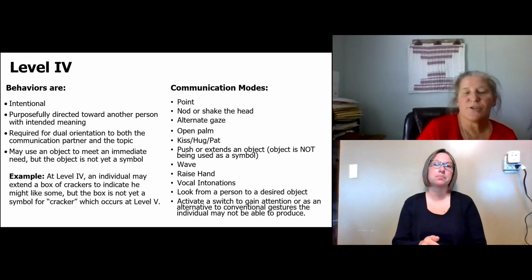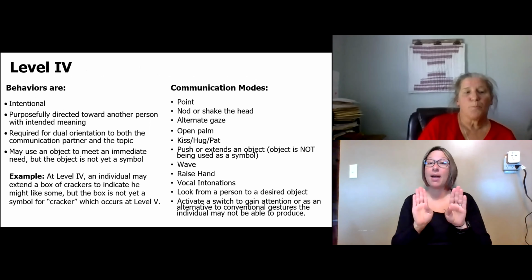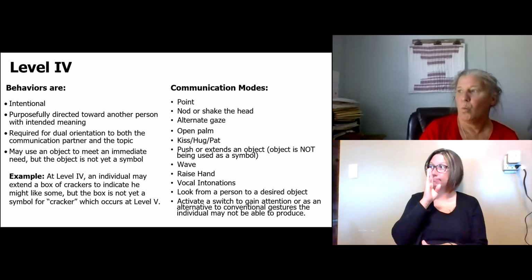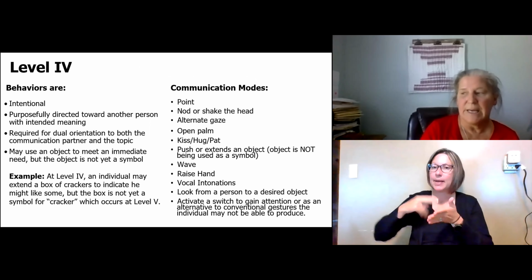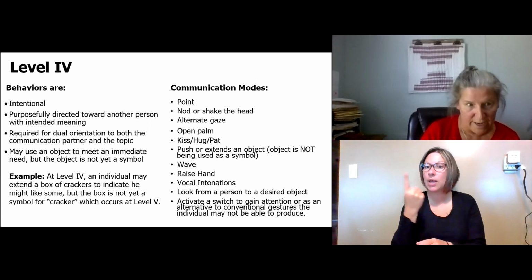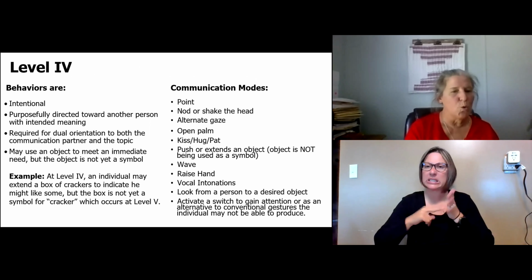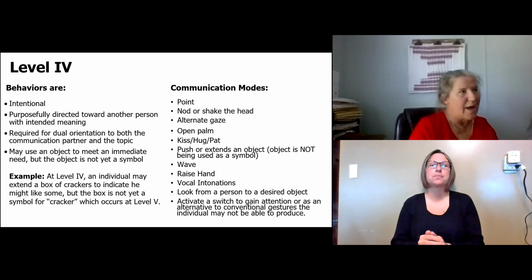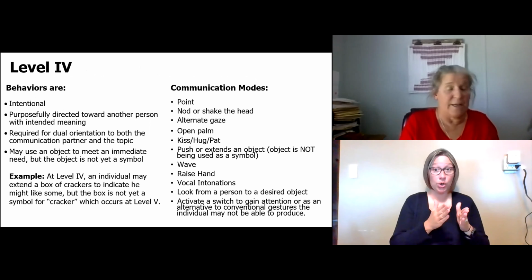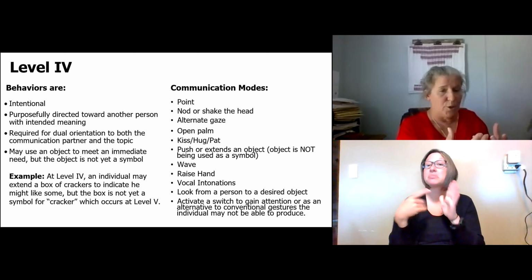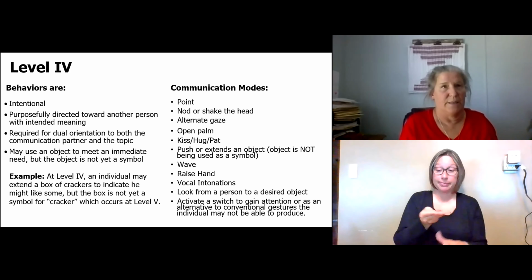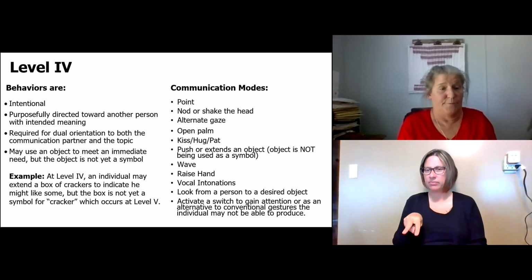Okay, so the behaviors are intentional and purposely directed towards another person with meaning. They really intend for the partner to do something or know something, and it requires that dual orientation of both the communication partner and the topic. So if the topic is food and the partner puts it down in front of them, they might look at it and look back up, like, I don't like that.